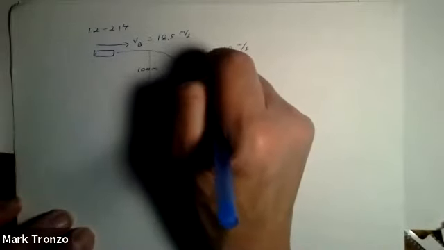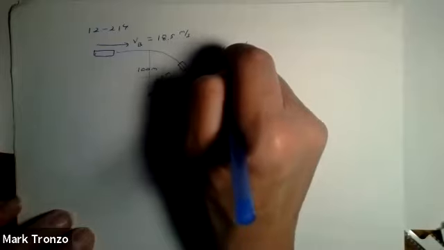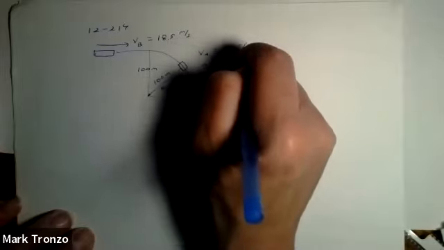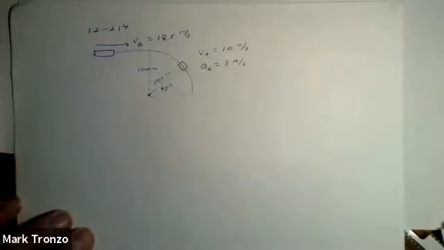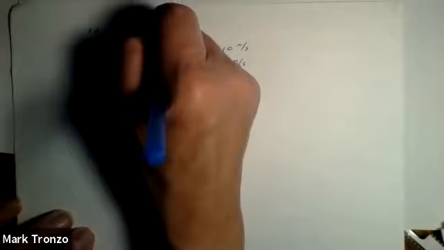So acceleration, and that's going to be like the tangential acceleration. Whenever they don't say it, it will always be the tangential acceleration. And car B is increasing its speed at 2 meters per second squared. So let's put that at car B, 2 meters per second squared.